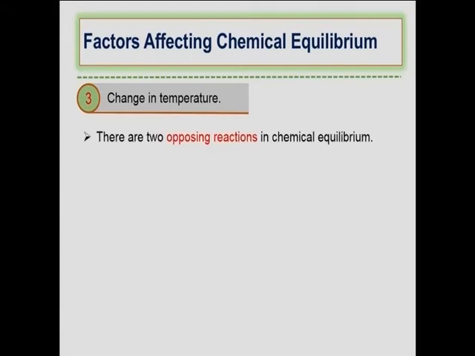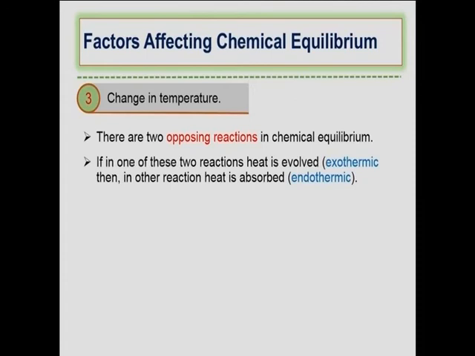And in a reversible reaction, you should know that there are 2 opposing reactions. One that is going forward and another that is going backward. And if one of these 2 reactions involves release of heat, which we also call exothermic, then definitely the other will be endothermic.